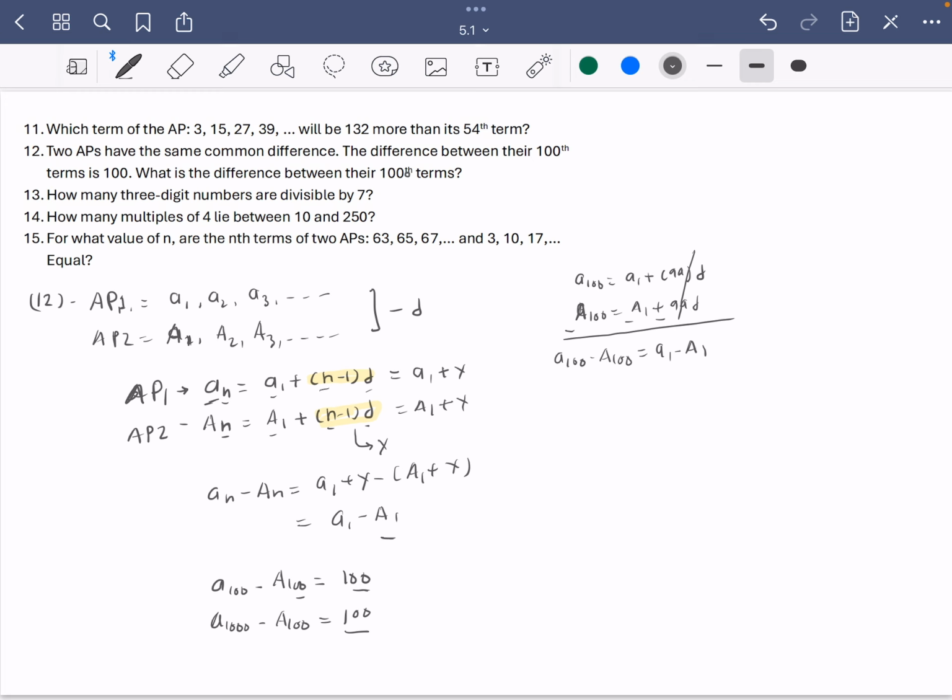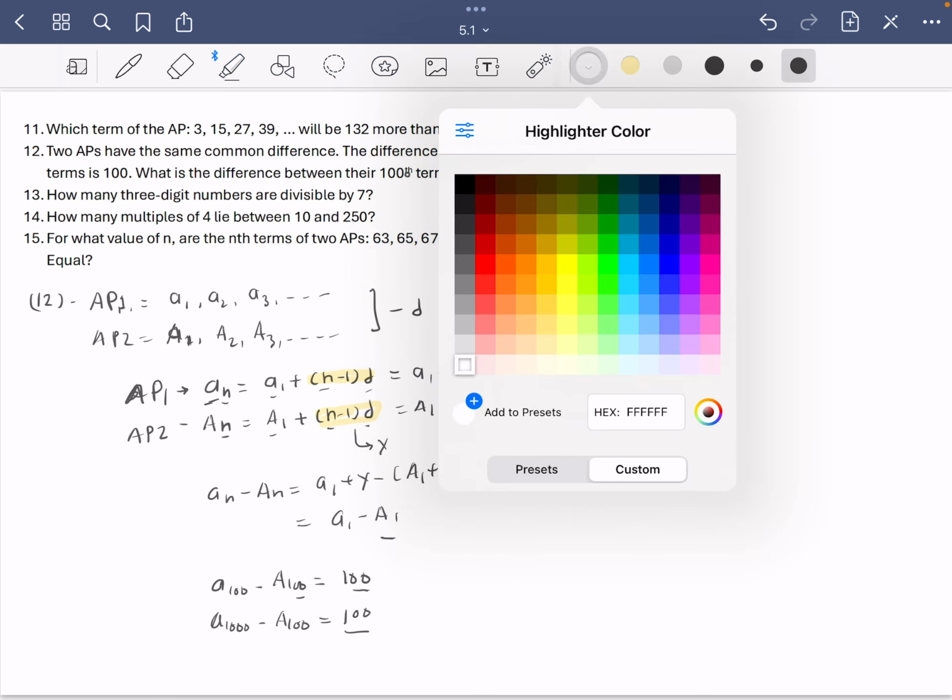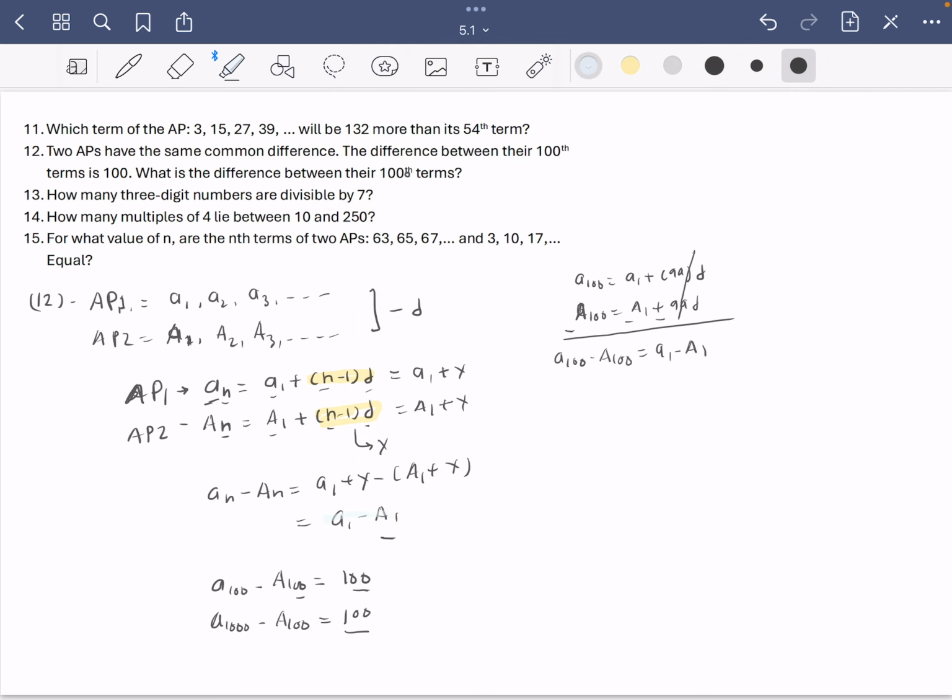That's what we did. And let's take a different color. Let's take blue, that's my favorite. a1 and A1, that's what we have. So a100 minus A100 is 100. That's given in the question here. The difference between their 100th term is 100.